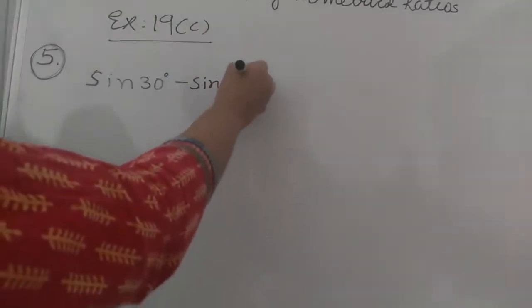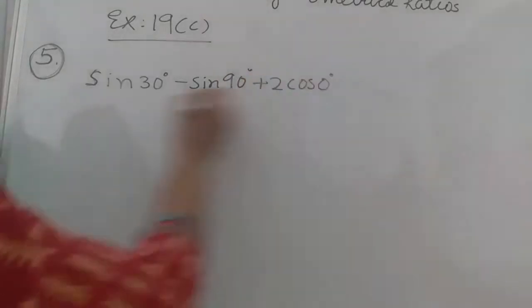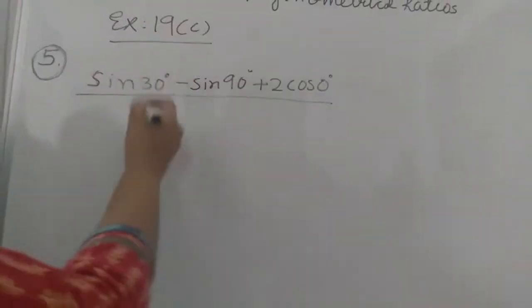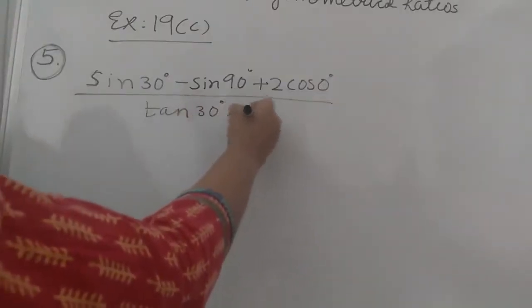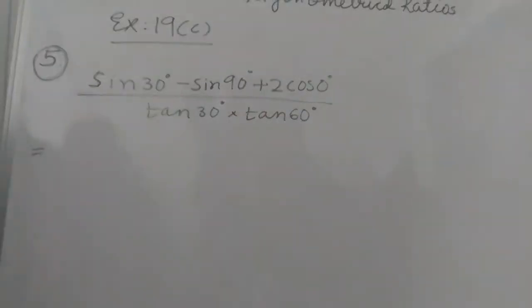So sine 30 degree minus sine 90 degree plus 2 cos 0 degree, in division with tan 30 into tan 60 degree. So we want to find the value of this. Sine 30 is 1 by 2.